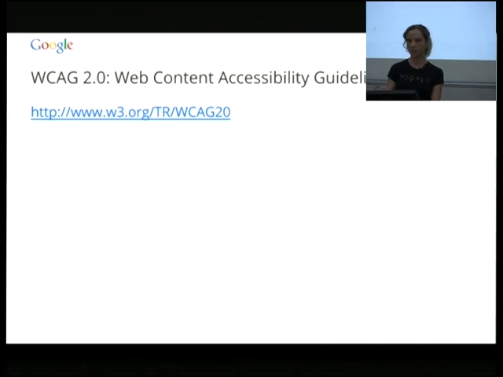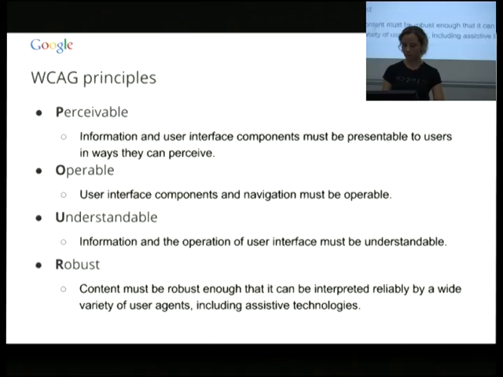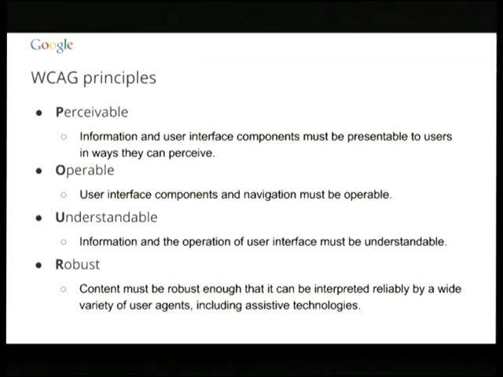And I'm going to give some examples of the language from the Web Content Accessibility Guidelines. It's worth at least skimming over so you have an idea of what the concepts are. It's organized around 4 principles: perceivable, operable, understandable, and robust, or POUR, which, as my friend pointed out, is kind of an awkward acronym, but moving on.